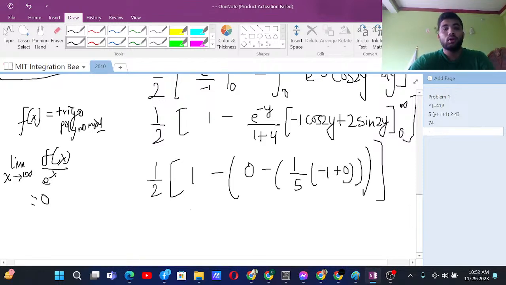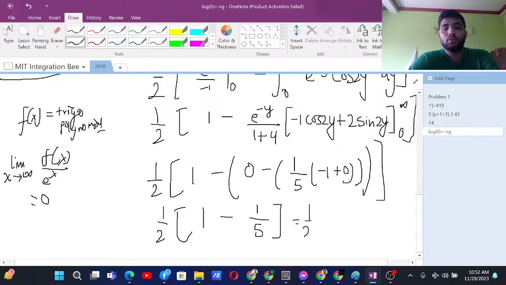Okay, and then we have 1 by 2, 1 minus, this will be -1 by 5, but that's again +1 by 5, so it's 1 by 5, so it's 1 by 2 into 4 by 5, that's just 2 by 5. And I think that's the answer. I hope you understood this.